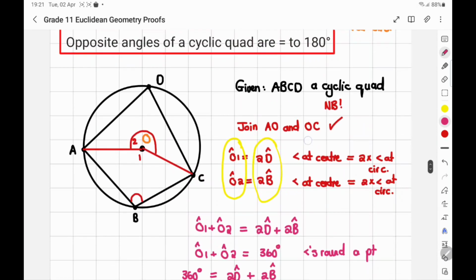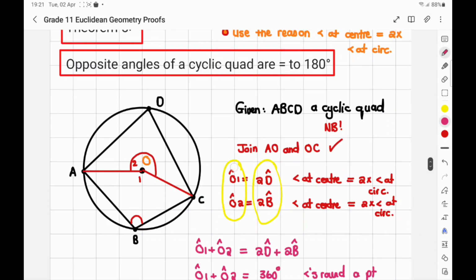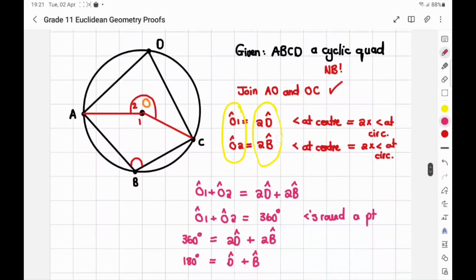Given ABCD is a cyclic quad, they say prove that the opposite angles of a cyclic quad are equal to 180.